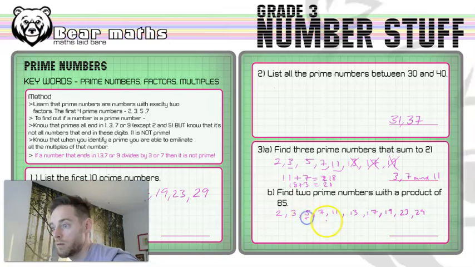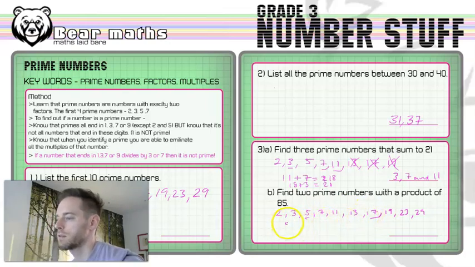I think we can multiply 5 and 17 together, can't we? Right, that's 5 times 10. 5 times 10 is 50.